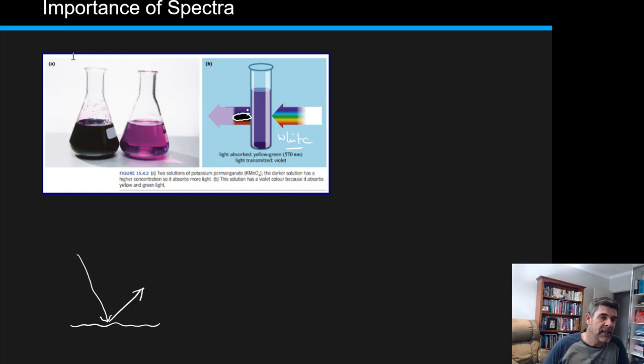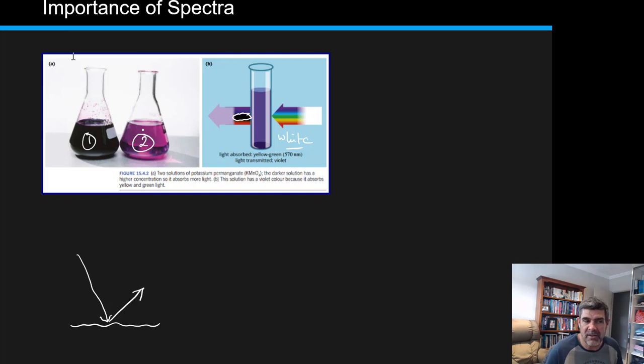Now obviously these two solutions over here on the left, if I call this solution 1 and this solution 2, you can see just by the color of these solutions that they can't be the same concentration. Solution 1 seems much darker than solution 2. It would be reasonable for us to conclude that solution 1 has a higher concentration of some type of ion.